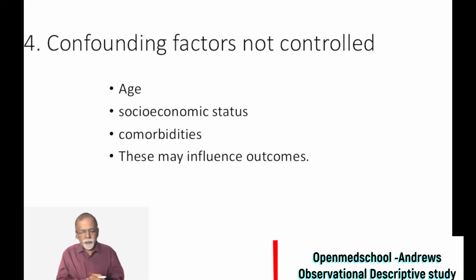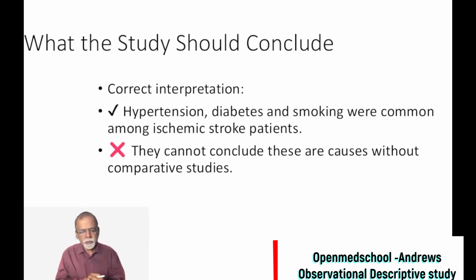Confounding factors were not addressed. These are factors that can affect the outcome, a third factor. I will discuss confounding factors in another session. Here, age, socioeconomic status, and comorbidities can influence the outcome; they are called confounding factors.